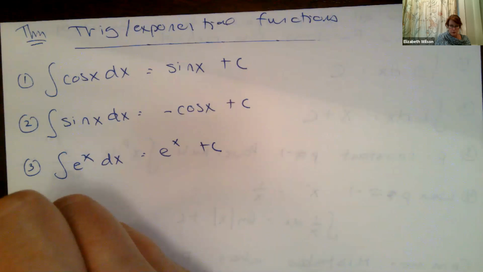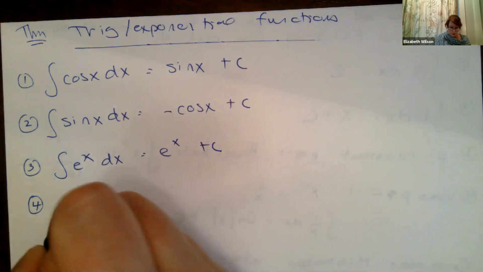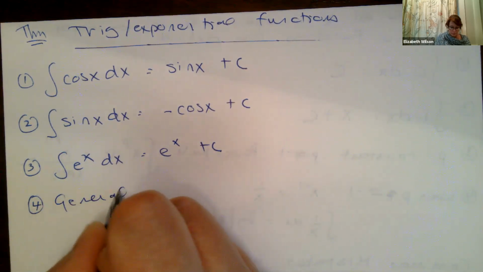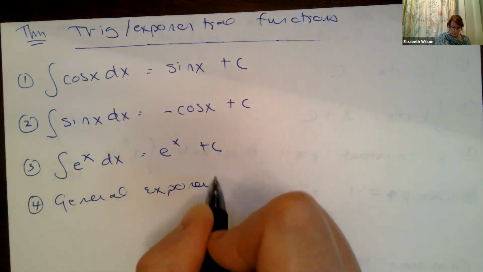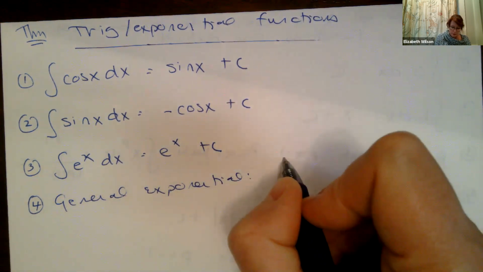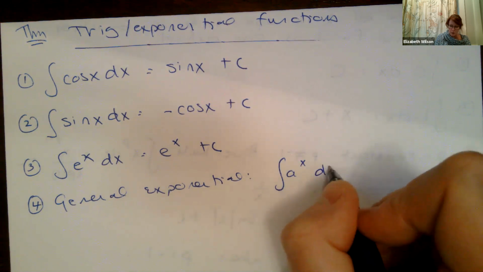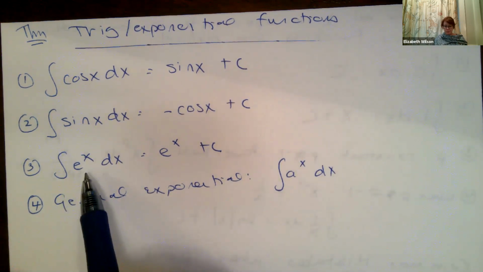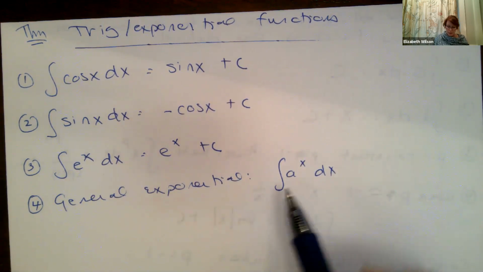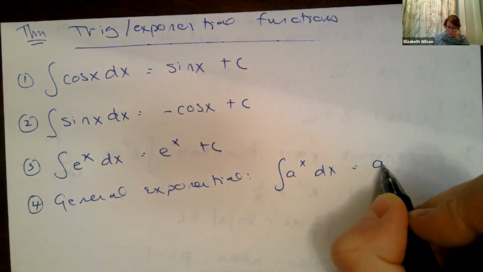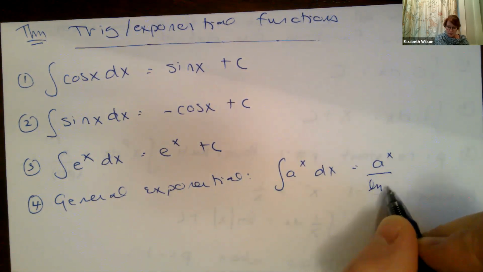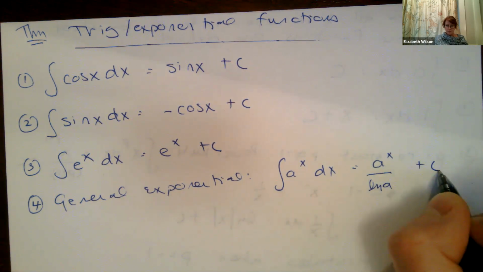I'm going to do a general exponential just so you can see. So if I integrate a to the x dx, here our base is e, here our base is a. This is going to be, I repeat the exponential and I divide by the natural log of the base, plus c.